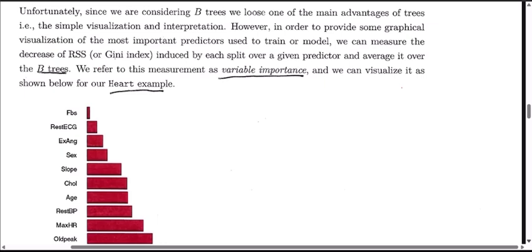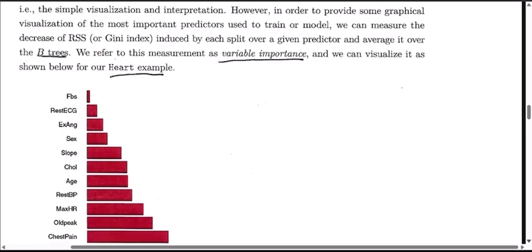We also have that here, where we call that variable importance. We can have a graphical visualization of the most important predictors that we use to train the model. And of course, we can measure the decrease of RSS or the Gini index that we induce by each split over the given predictor.